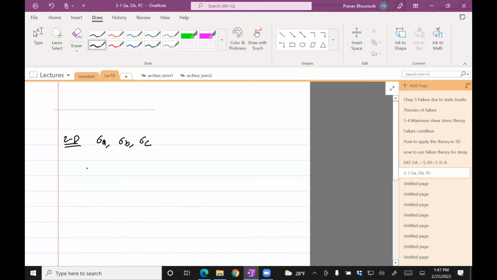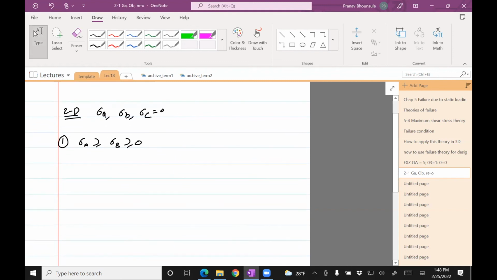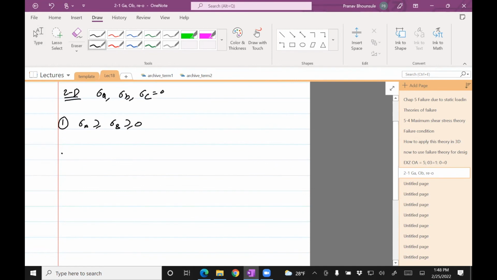Let's assume that sigma A is greater than sigma B is greater than 0, right? One of them is going to be 0. Let's say that third one is 0. So the second case is, okay, so my bad. Okay.